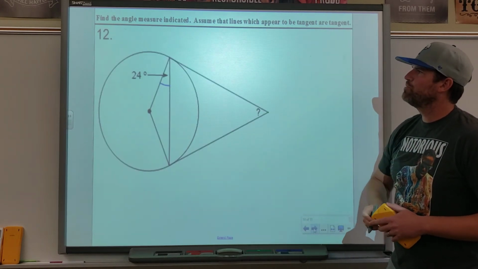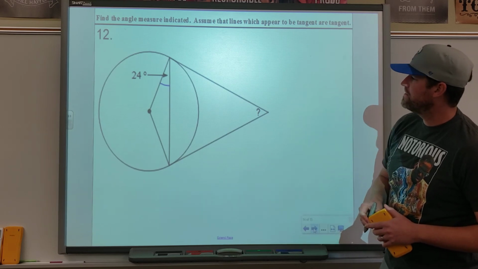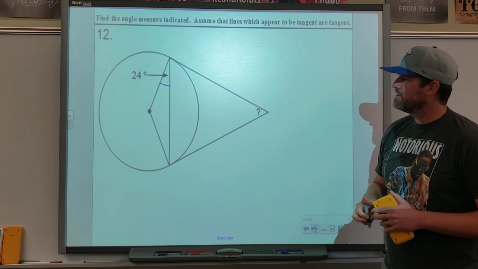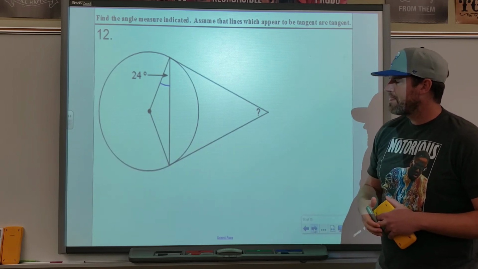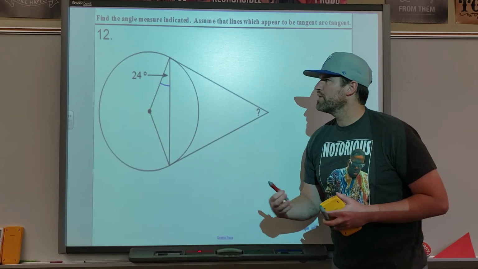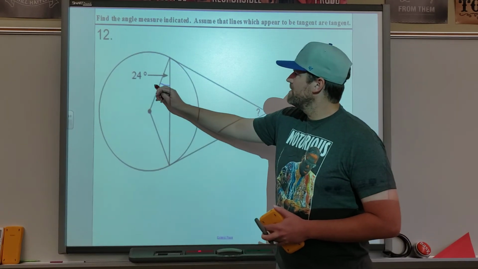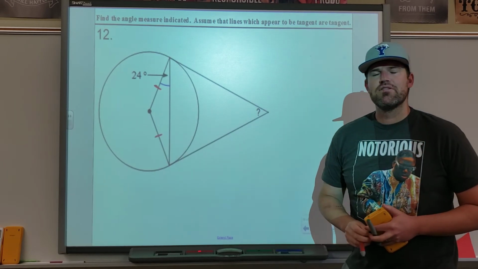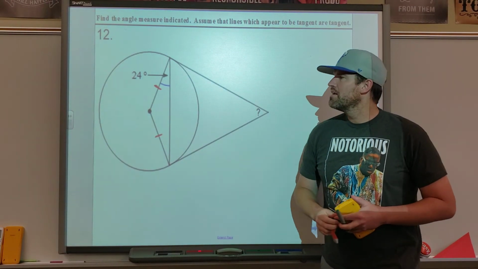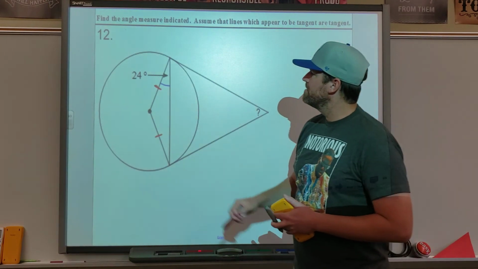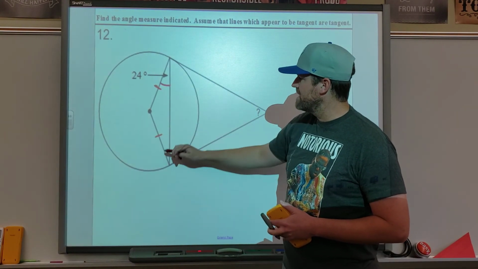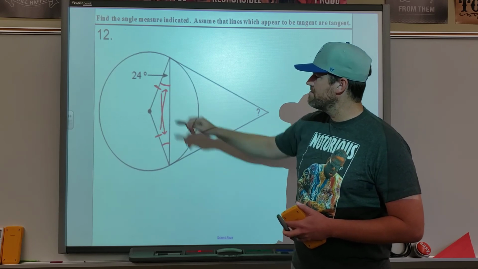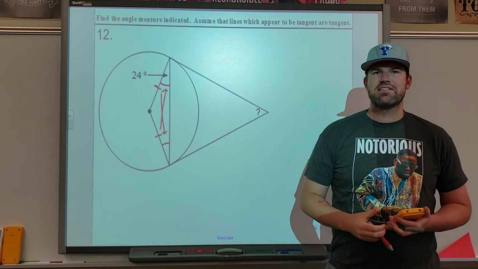All right, last example. We're trying to find the angle right here. Well, there's a number of ways we can do this, but one of the quicker ways to do it is, I know that this side and this side are both a radius, which means they're the same length, right? If those are both the same length, then that means that these two angles here, which are the angles that are across from those sides, will also be the same.